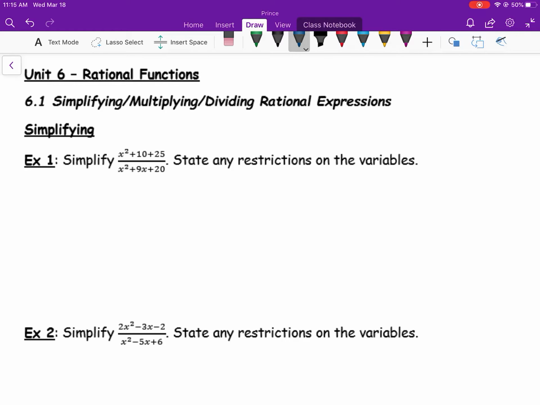So on top I have 2x plus 1, x plus 4, and then x plus 5 on the bottom. Write my restrictions. 4, negative 3, negative 5. And we are done with this example.